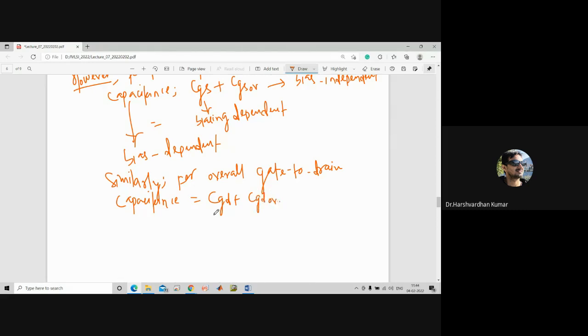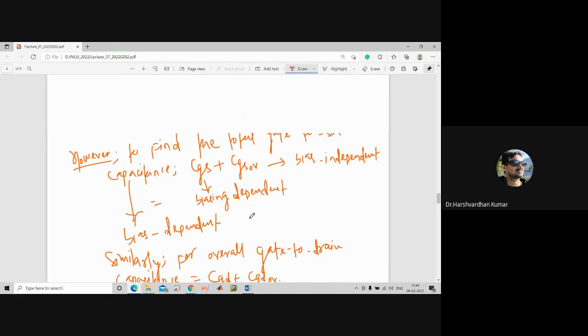So overall, you can say this is bias dependent, because one capacitance is bias dependent and the other is independent. But if you combine both, the overall capacitance will be bias dependent.